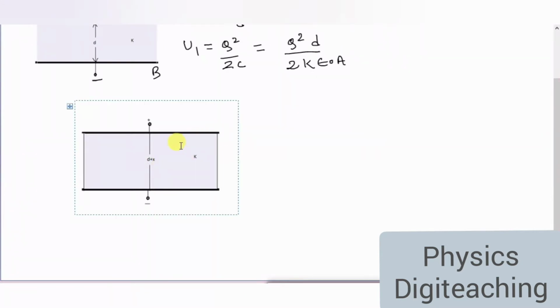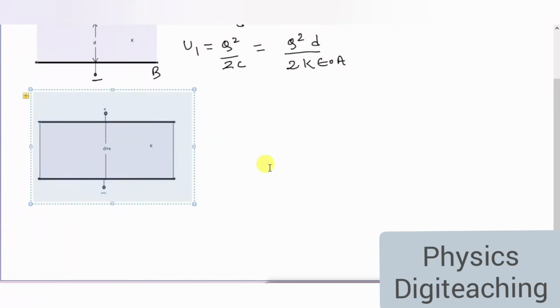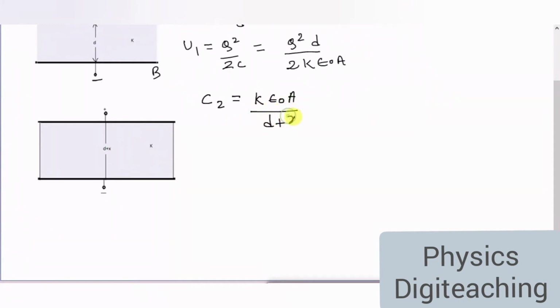Therefore, the new capacitance C2 equals K epsilon naught A divided by D plus X, and the new electrostatic energy U2 equals Q square by 2C2.